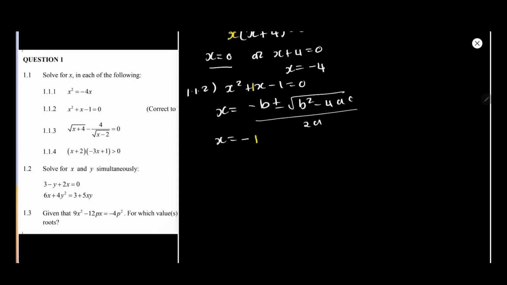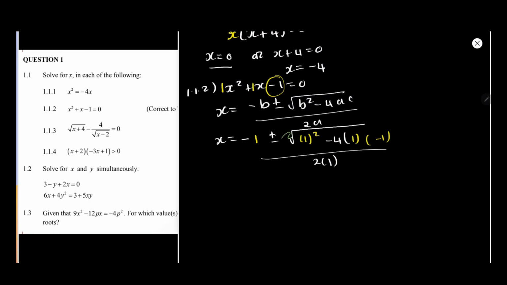So negative 1 plus minus the square root of that invisible 1 squared, minus 4. a is also a positive 1. And then c is a negative 1, so negative 1, all over 2 multiplied by our positive 1 of a.